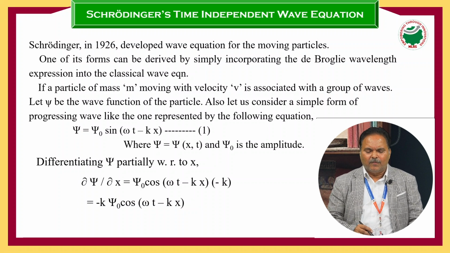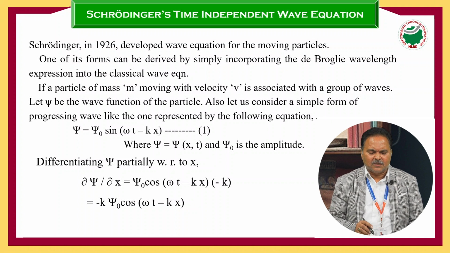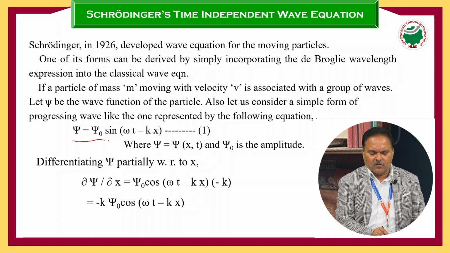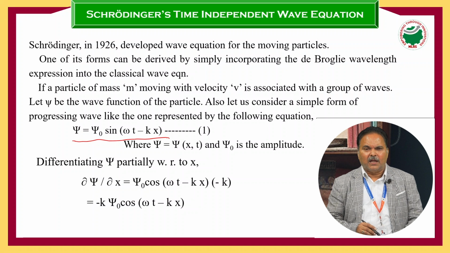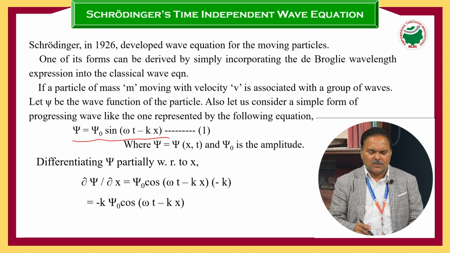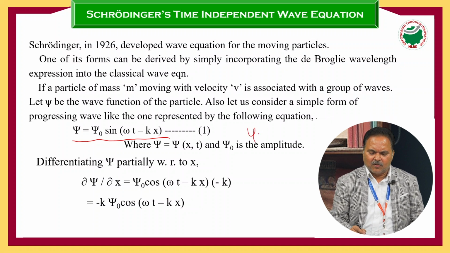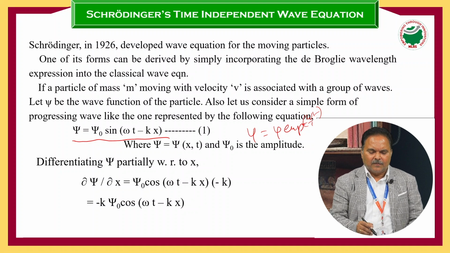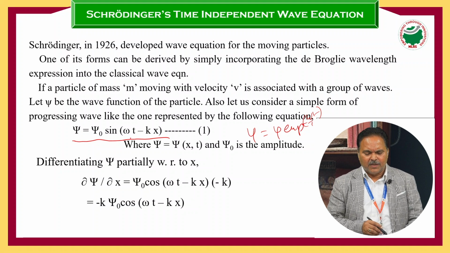They wrote a general mathematical equation for the wave function, that is psi equal to psi naught sin(omega t minus kx). In some books, they write psi equal to psi naught exponential of minus omega t by kx. But I will write it this way, it will be easy.